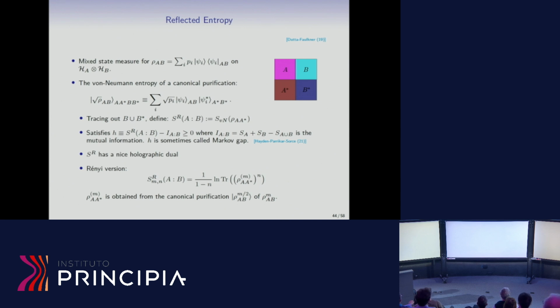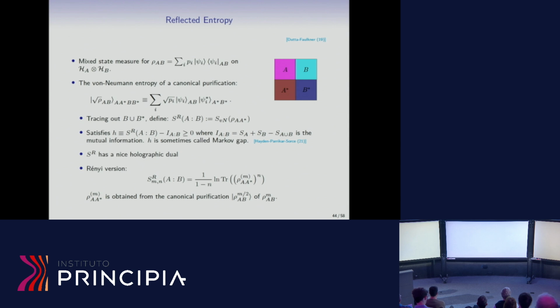This turns out to be also a good quantity to consider, which cancels the area-law term or other terms. You can show that this is always non-negative, and it is known under the name of the Markov gap from the quantum information perspective. So I'm going to focus on these two quantities: kappa in the previous slide, and this quantity H. Okay, right.